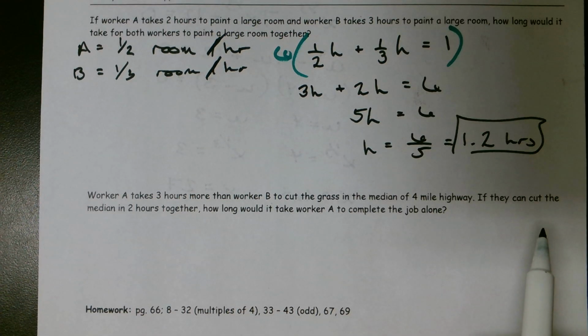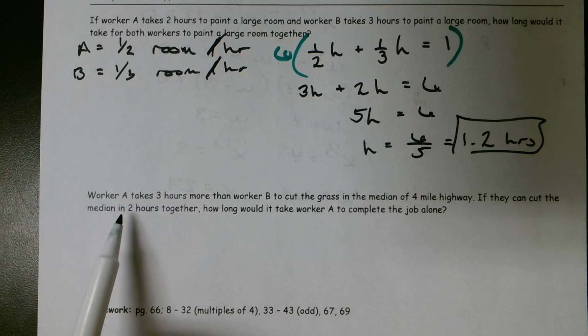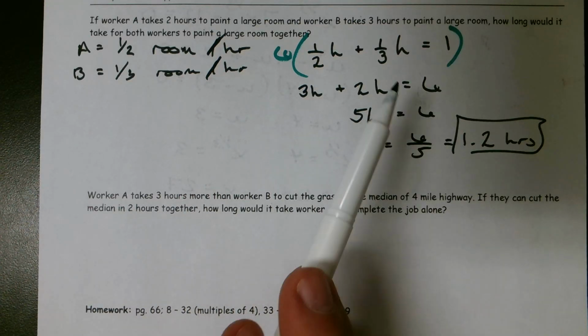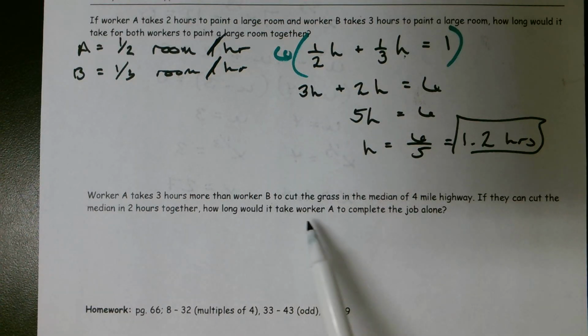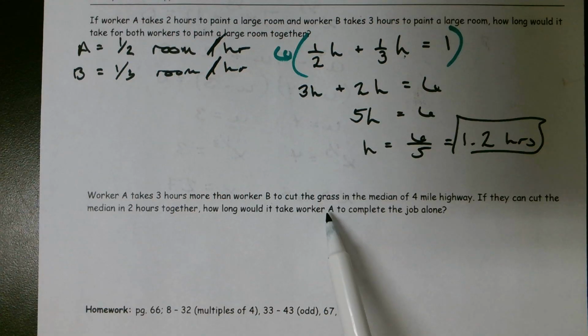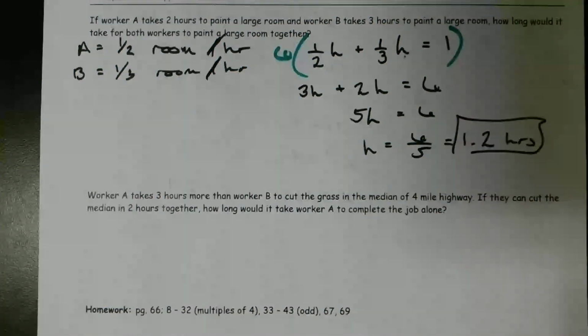Okay, so if they can cut the median together in 2 hours, oh look, they're giving us the h. So up here in our previous problem we didn't know h, but now we know it's 2. They want to know how long worker A would take to mow the grass, paint the room, whatever you want to call it. The questions are about the same.